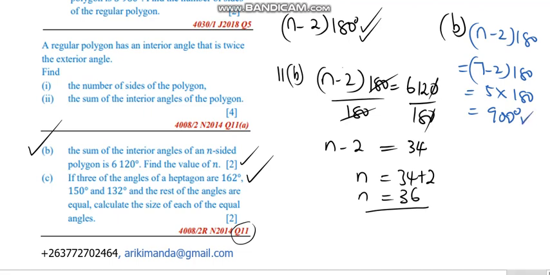So in other words, the total of all inside or interior angles added together is 900 degrees. And we are told 3 of the angles are 162, 150 and 132, right? So the other angles are equal. The other remaining are equal. This shape has 7 sides, which means it has 7 interior angles.